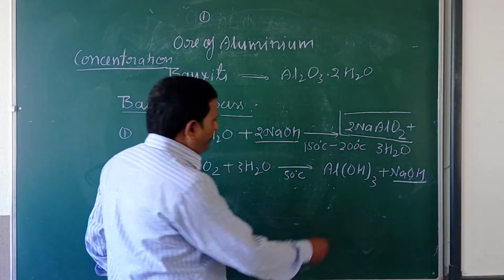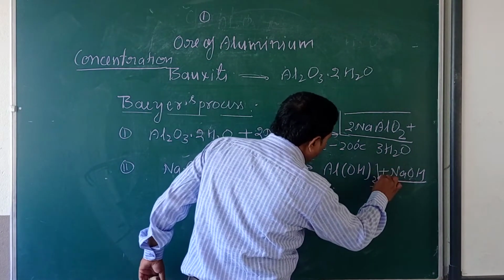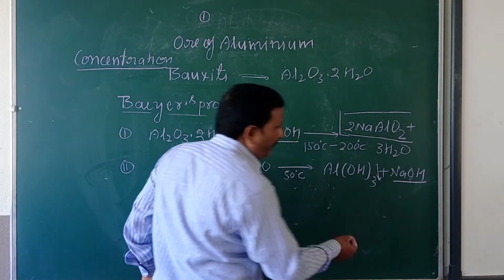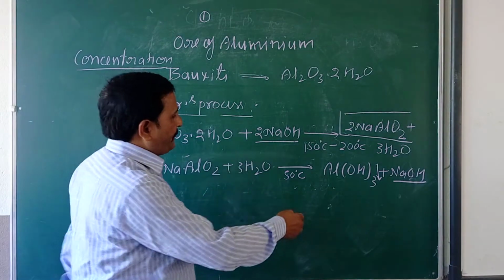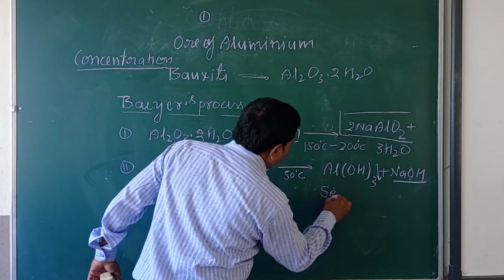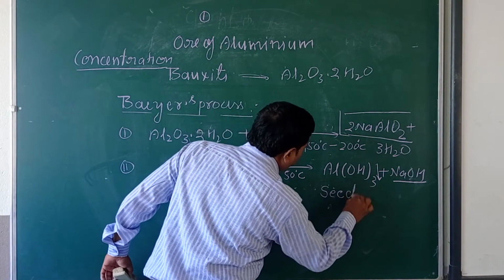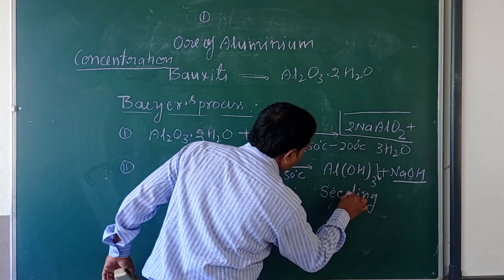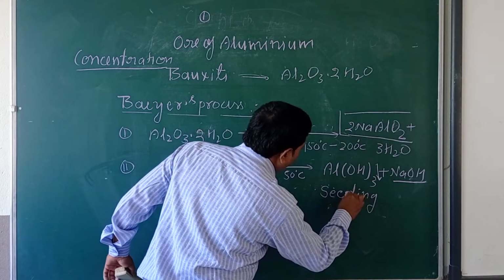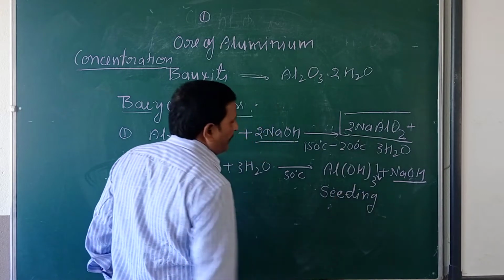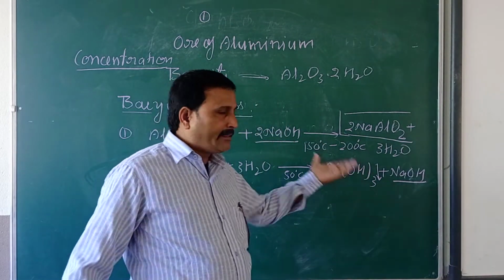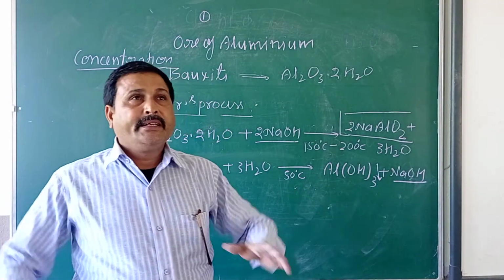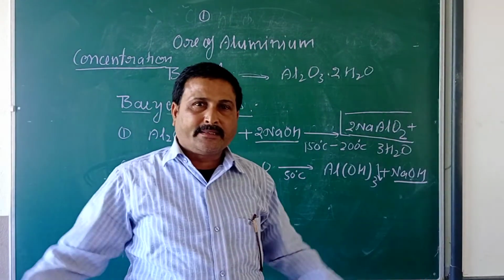You will get a precipitate of aluminium hydroxide. This precipitate is called CD. Filter this precipitate, remove it, and dry it in the sun.